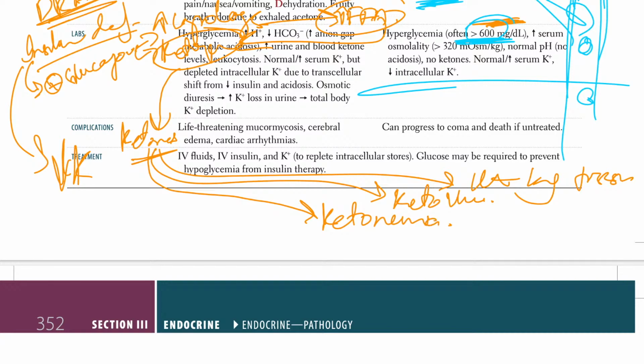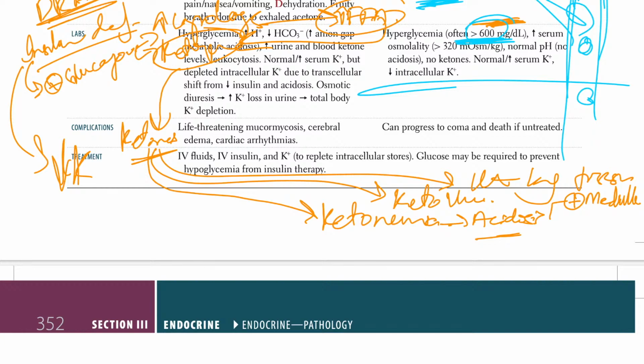Now, this ketonemia is going to cause acidosis, and that acidosis is going to stimulate a couple things. First, this ketoacidosis will be sensed by the medulla, and the medulla will be like, hey, we got a lot of acid, we want to get rid of it.